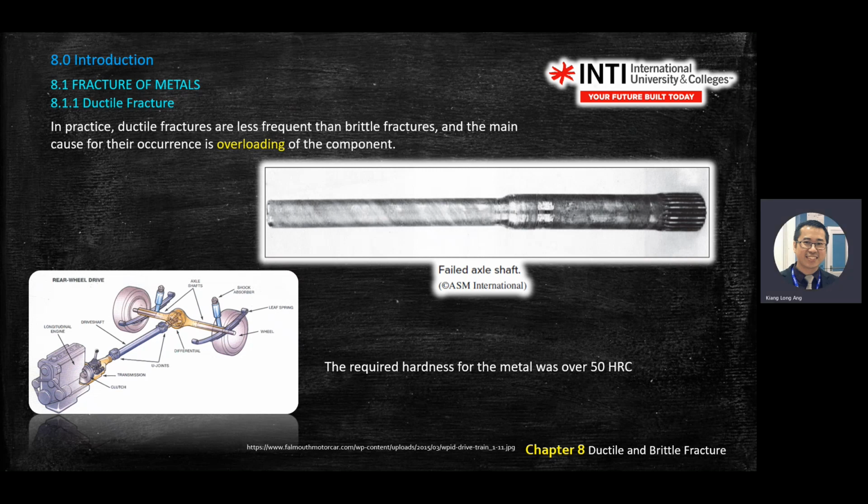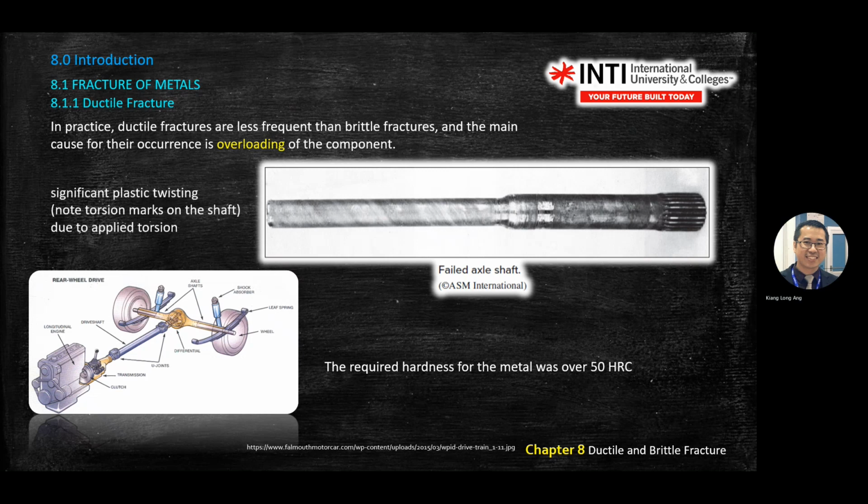This one is more on the shaft component. As you can see, this one is already twisted. You see the line of twist. Then after maybe two or three more rounds, this one will break into two pieces. So all the power transmission components will face this kind of problem of ductile fracture, this plastic twisting and so on.